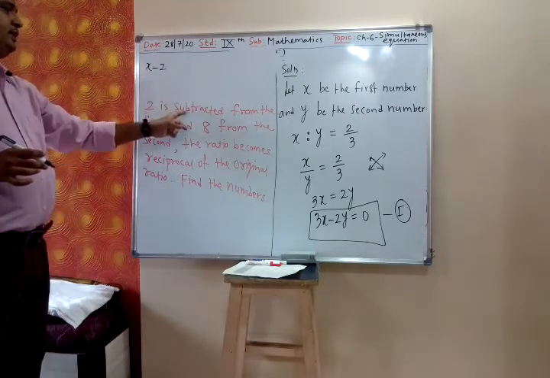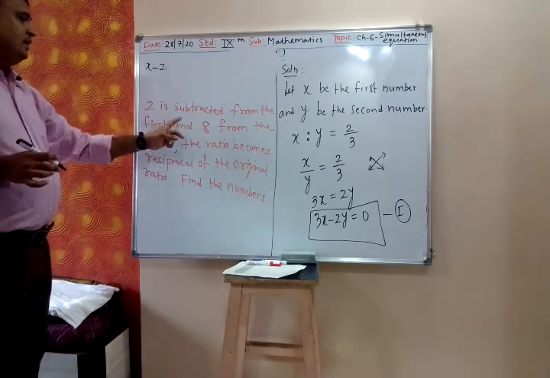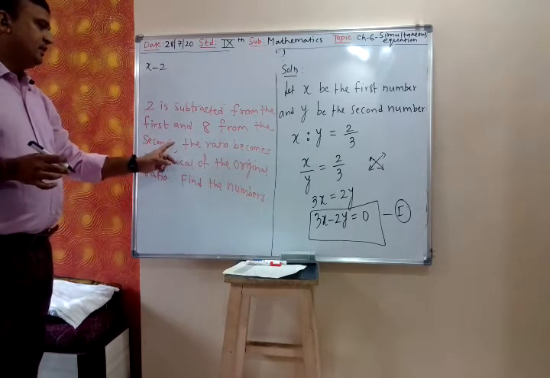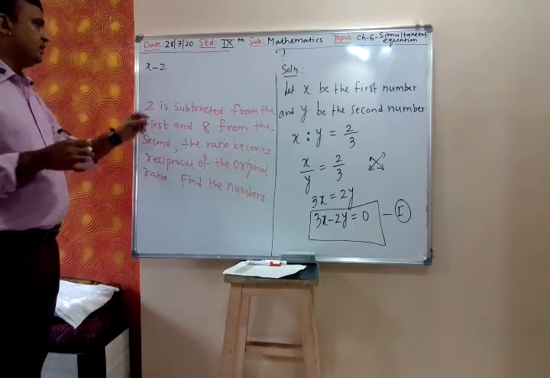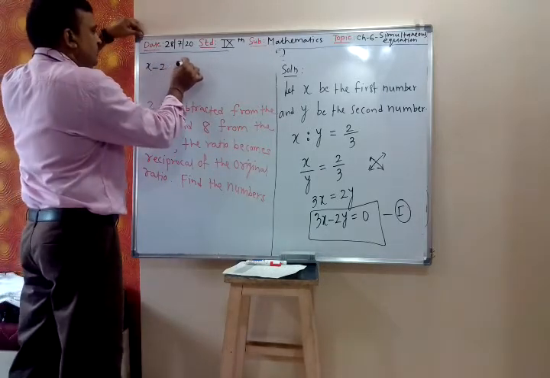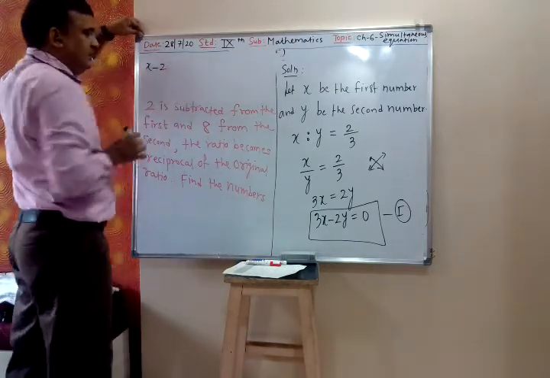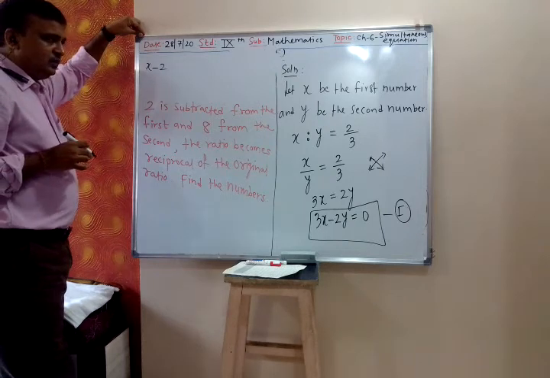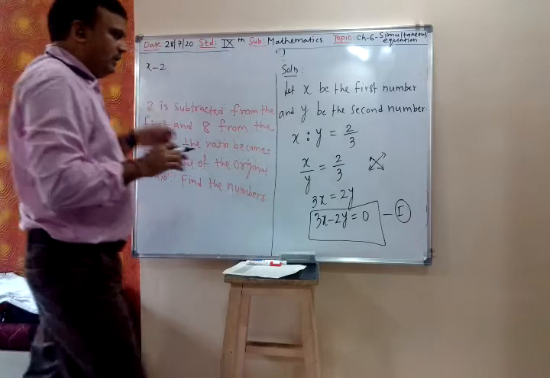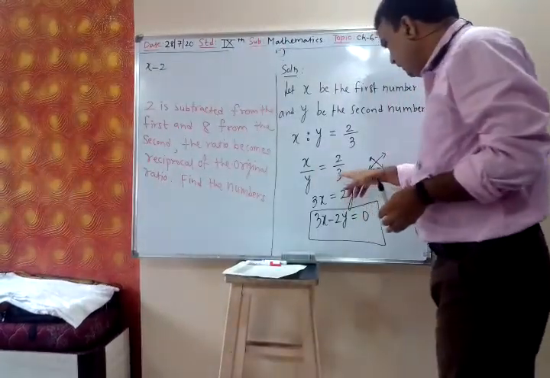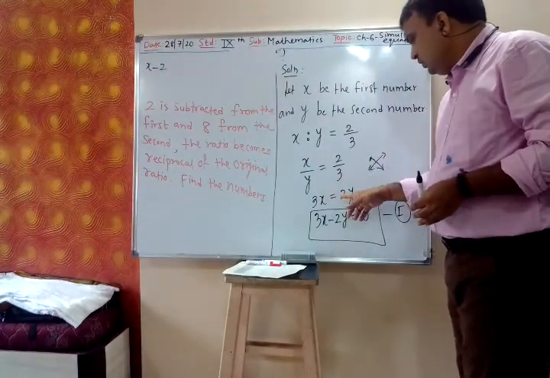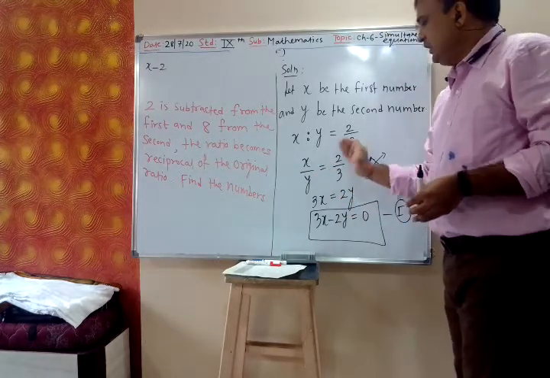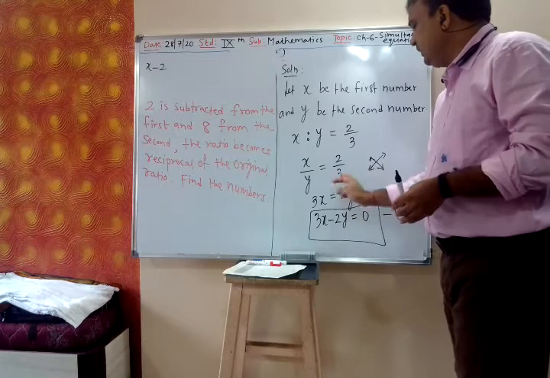If 2 is subtracted from the first number and 8 is subtracted from the second number, the ratio becomes reciprocal. Because see, we cross multiplied, 3x is equal to 2y. We take 2y on the left side, it becomes minus 2y.